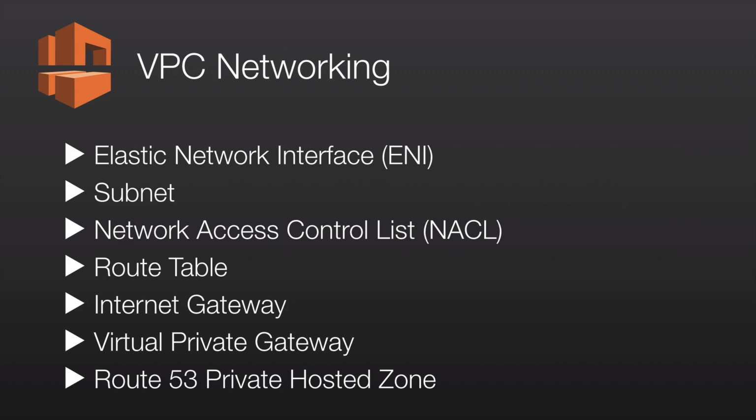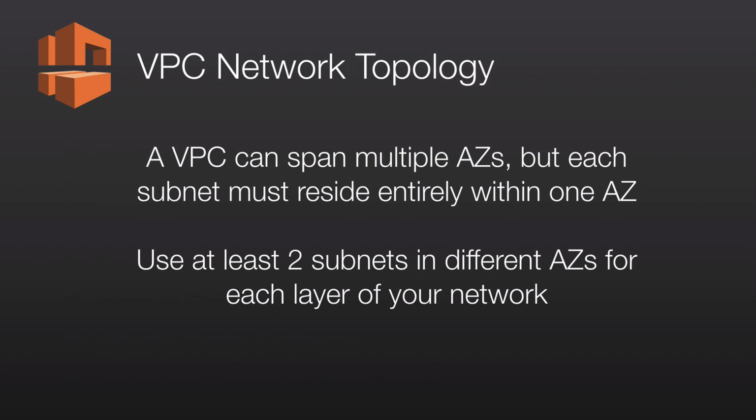Route tables to control the flow of traffic in and out and around your VPC. Internet gateways for similar function, for internet access, virtual private gateways for building connectivity out of your VPC over a VPN to a corporate network or another data center, and Route 53 private hosted zones, which are private DNS hosted zones within your VPC. So a lot of features that you can use there to effect control of your network topology and layout.